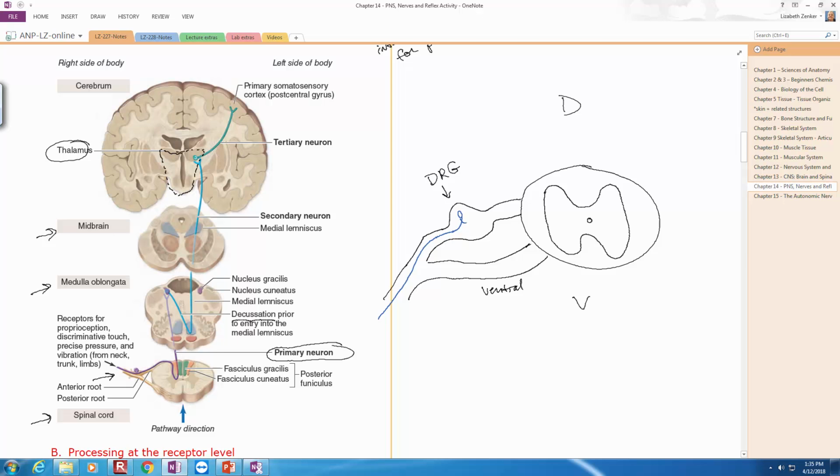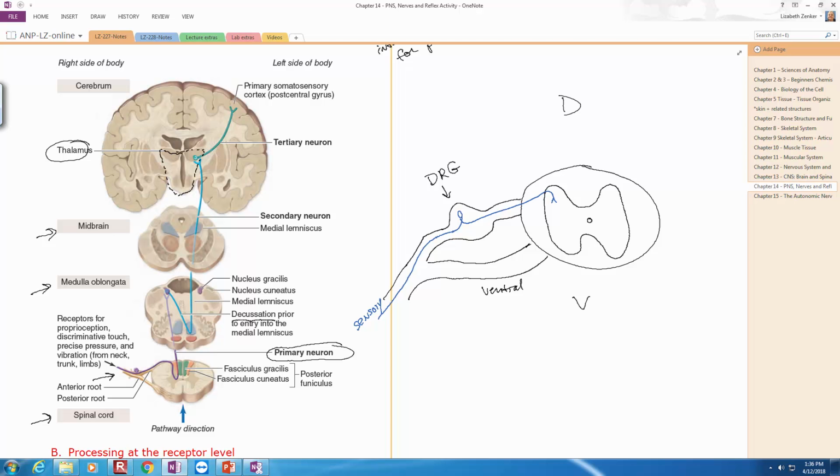And then his neuron continues on into the dorsal horn of the gray matter there. Okay, so that's sensory. Sensory information coming in for the most part is going to be on the dorsal side. So what's typically going to be on our ventral side? Motor, and we'll talk about that in a second.